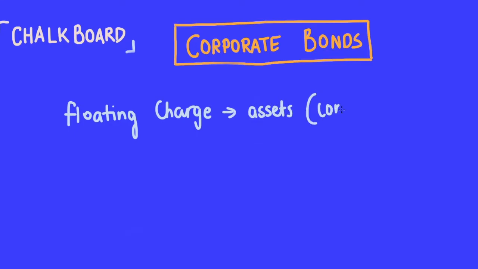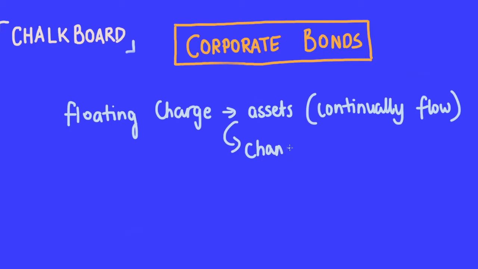This could include things like the company's stock in trade, or things that are constantly changing, as opposed to, like the name suggests, floating assets, rather than fixed charges, which are based on permanent assets. So changing.